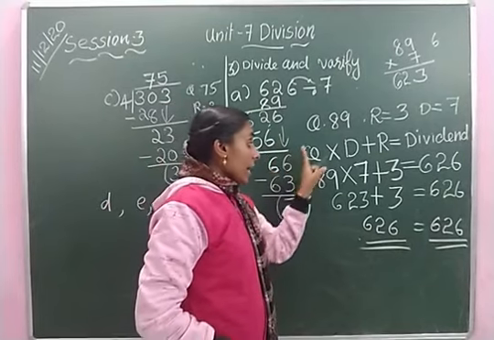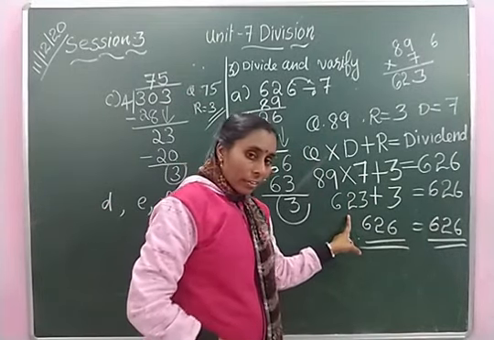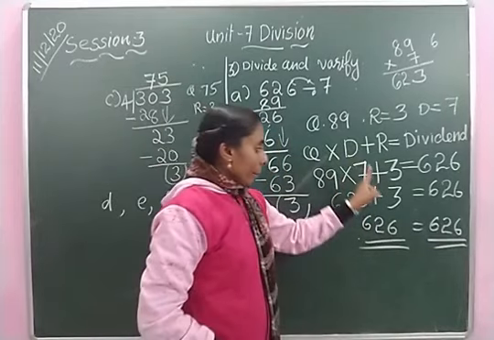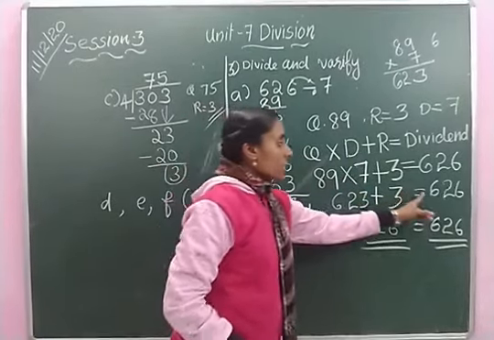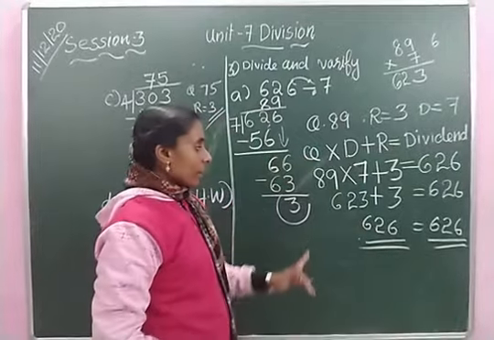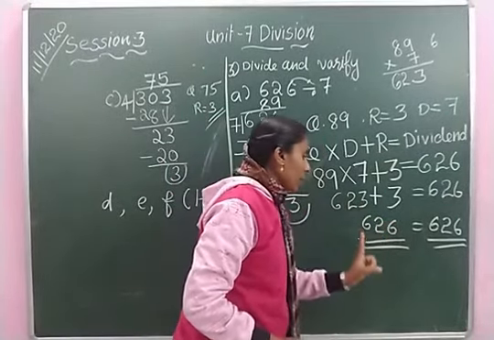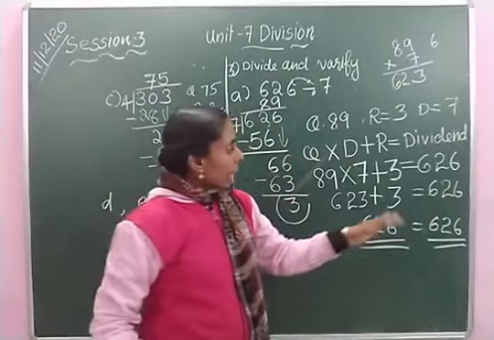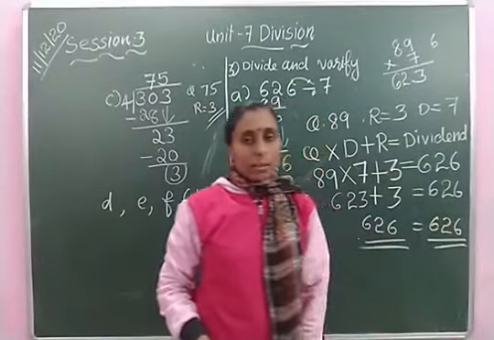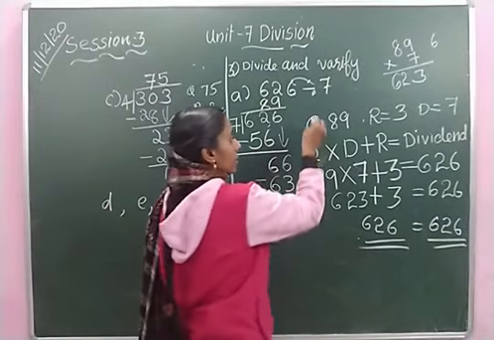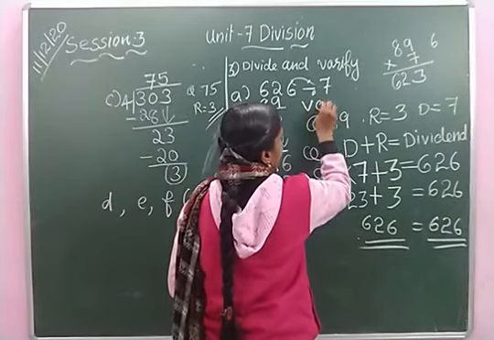Then 89 multiplied by 7 we have got 623. Then plus 3 is equal to 626. Again we have to complete this step: 623 plus 3 is 626, and the other side is also 626. So verification is also done. This is called verification.